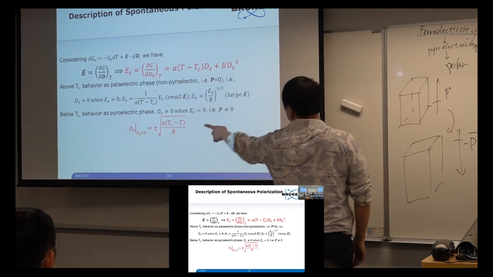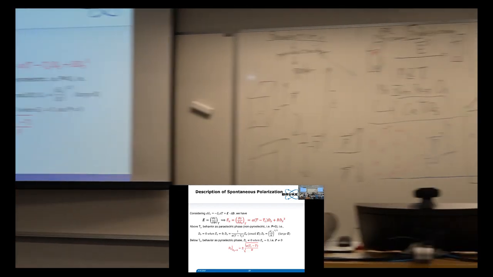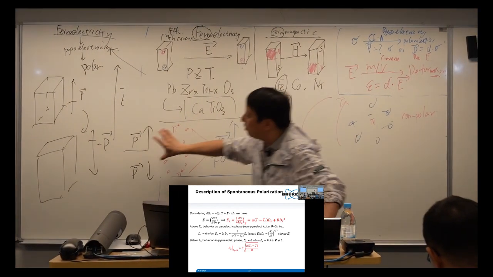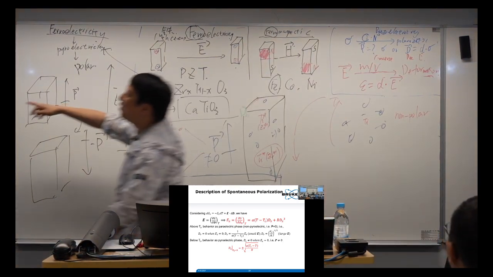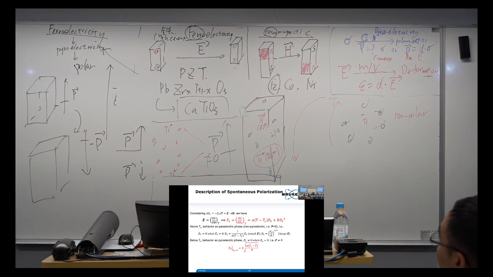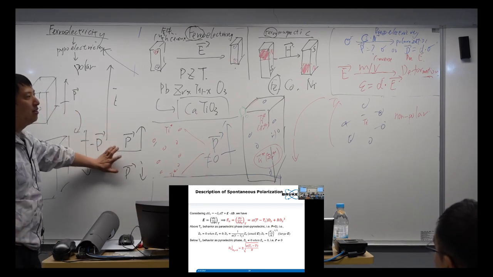Okay, so the D or the polarization can have two solutions. One is positive, one is negative. That's the one we want to prove here. If this material is polarized, it should have two states. Okay, that's the theory we want to prove. If we understand from the crystal structures, it's relatively easy.